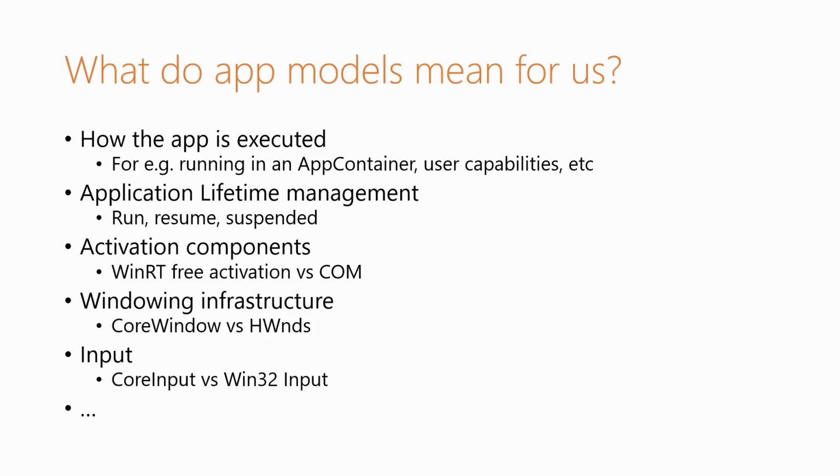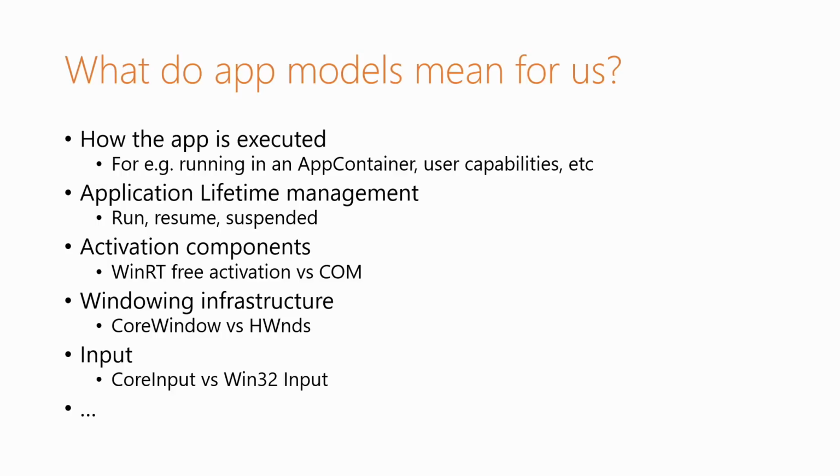Exactly. So one of the questions that people always ask us is, all right, what does app model mean? What is an app model? An app model is a little complicated to define because it depends on the scenario and on the people, but first of all, we consider an app model to be about how the application is running.